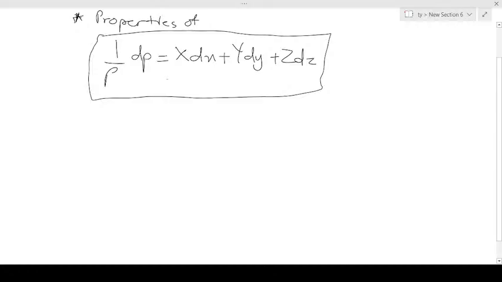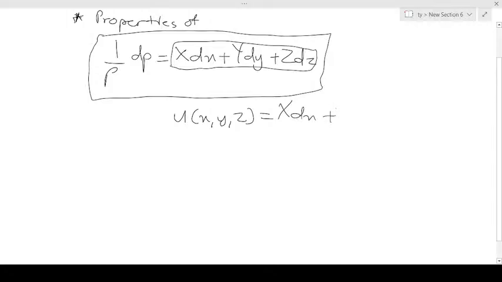So assuming we say that u is a function of x, y, and z, we can use this u to replace all of this, because u is a function that contains x, y, and z. So we'll say all this is now u.